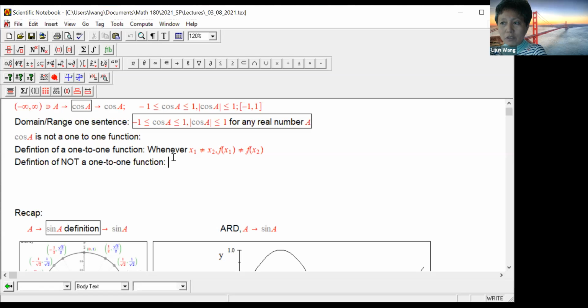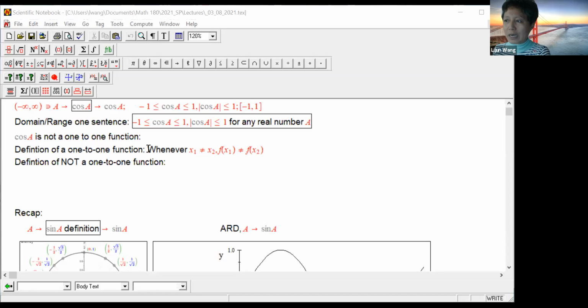So what is the definition of not a one-to-one function? Whenever will be the opposite. You need to find what is the opposite of whenever. You cannot use whenever anymore. Do you guys see that, Cortland? The moment you say whenever, you're making a false statement because what you said is simply not true. Agree, Cortland?